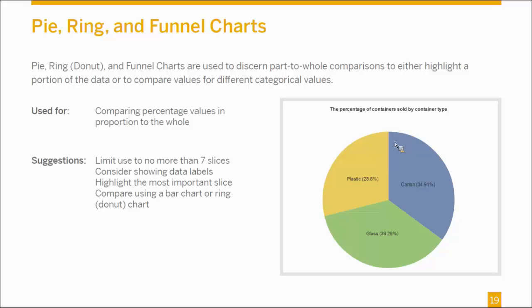A pie chart can be used, but in most cases actually abused, to show what is the contribution of different categories to the whole. So what we see here in this chart on the right, we see how these different categories, plastic, cotton, and glass, contribute to the overall value.